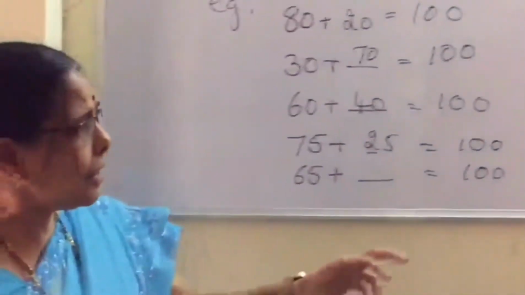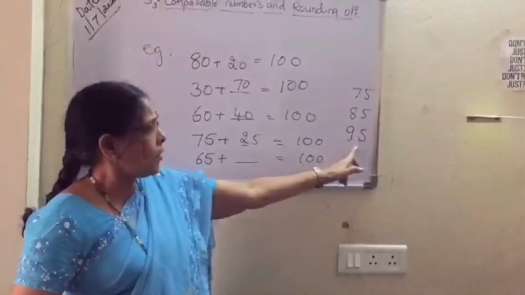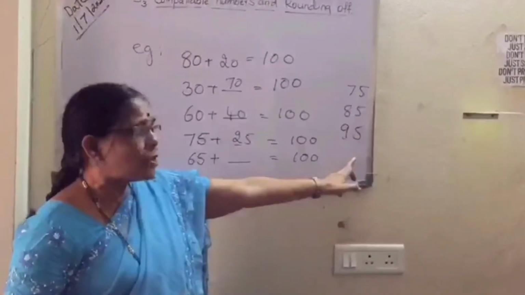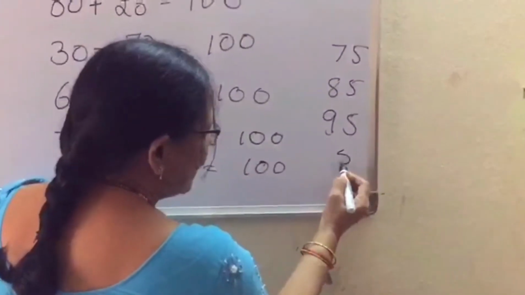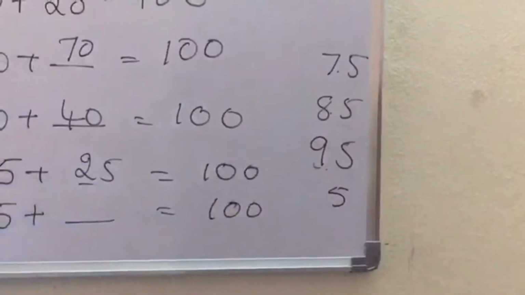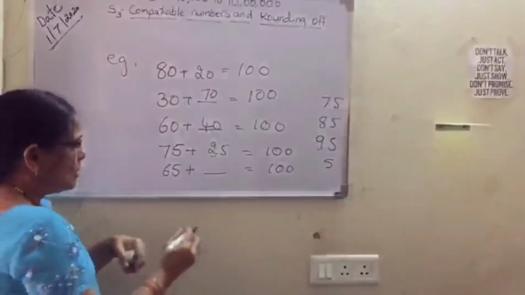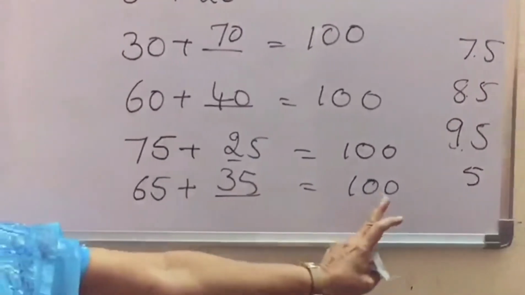How many tens are there here? 75, 85, 95. After 95, how many numbers do you need to make 100? 5 more we need, children. So 10, 20, 30 and 5, 35. So 35 we need to make 100.